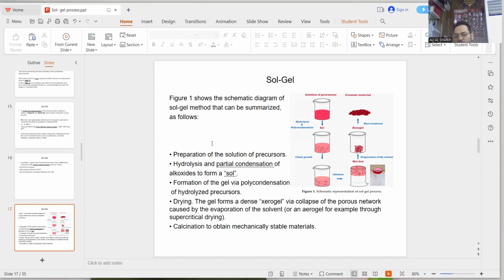I used the evaporation process to achieve xerogel with a lower porous network number, caused by the evaporation of the solvent, like written there, or an aerogel. It's another, by using another drying, for example through supercritical drying. It's not my topic. Calcination to obtain mechanically stable material.